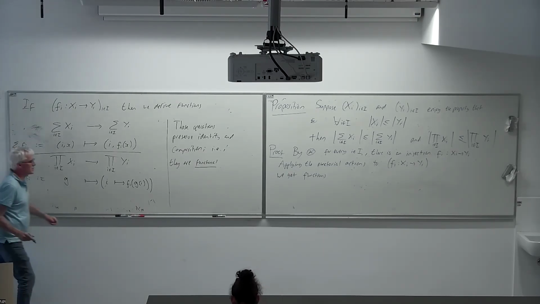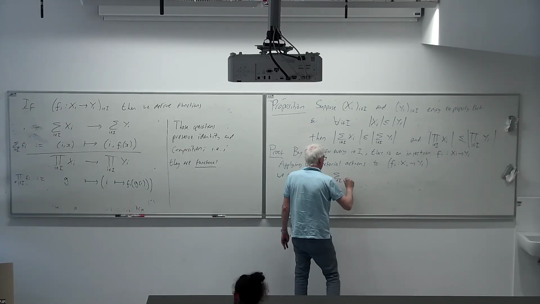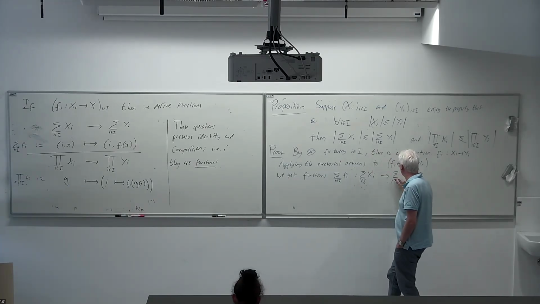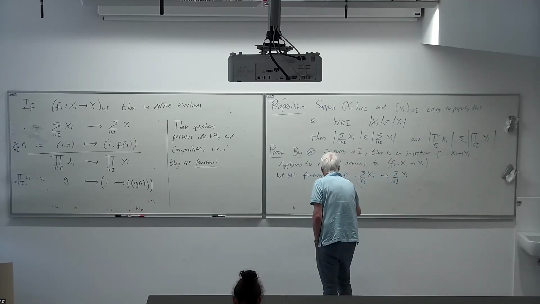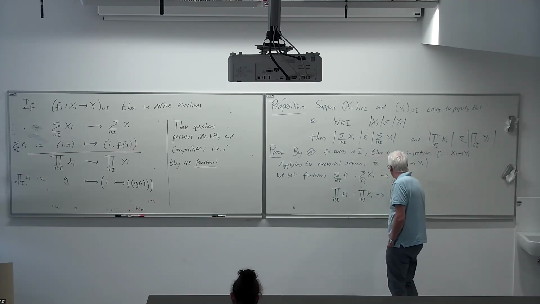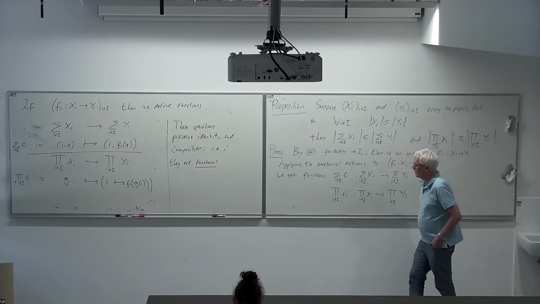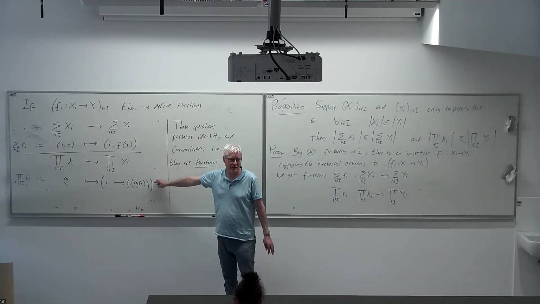That's just giving it a name, so we can refer to it. So we get the sum function of the f_i's from the sum of the X's to the sum of the Y's, and similarly we get a product function from the product of the X's to the product of the Y's. And from the definitions here, it's very easy to check that these are injective.